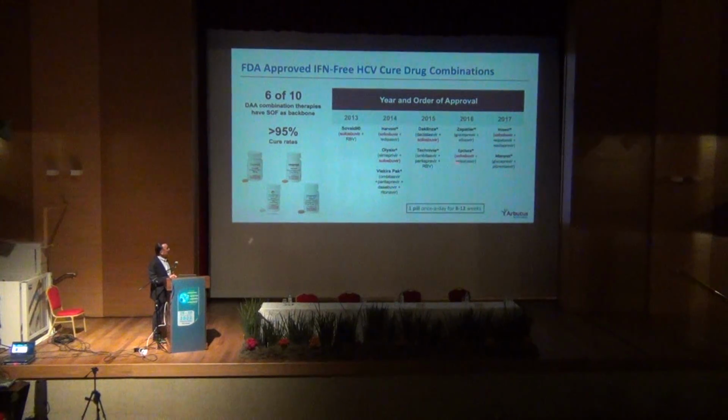And today, the market is primarily dominated by the drug Epclusa, which is sofosbuvir plus velpatasvir, a pan-genotypic agent. You give it one pill once a day for 8 to 12 weeks, and you achieve greater than 98% cure rates across all genotypes and all patient populations.